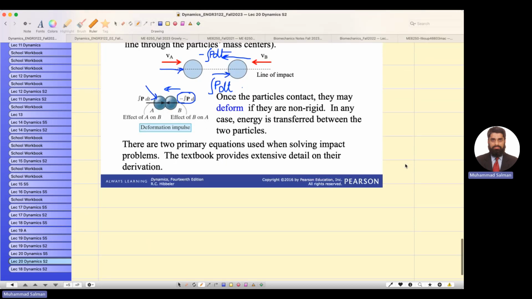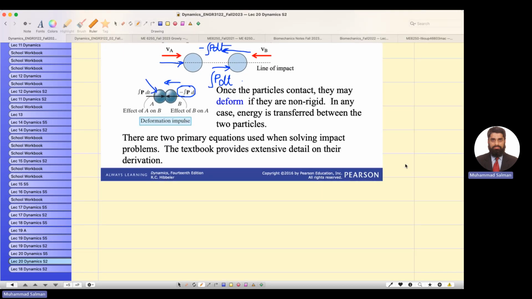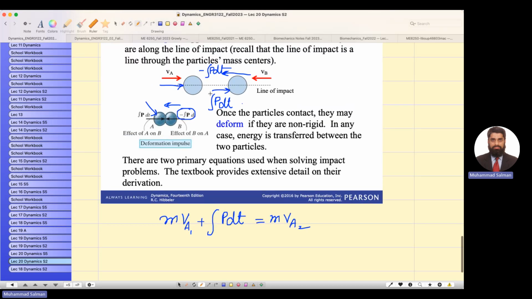Do you know the formula for the linear impulse and momentum equation? If you remember, initial momentum plus the integral of P dt equals final momentum, m v2. But in this case the force is to the left, so I'm going to change this sign, or you can say plus negative P. You see my point?